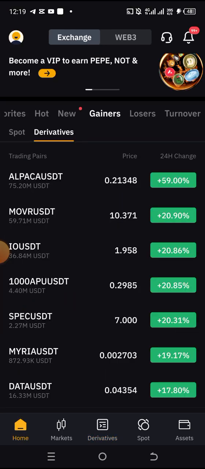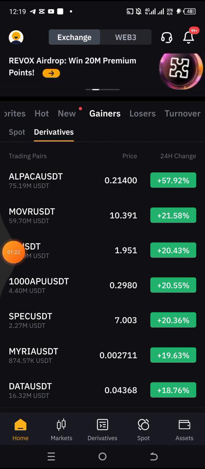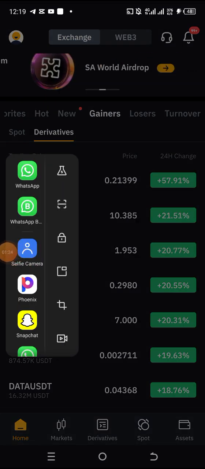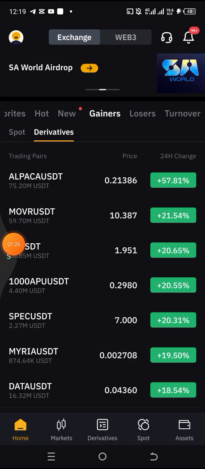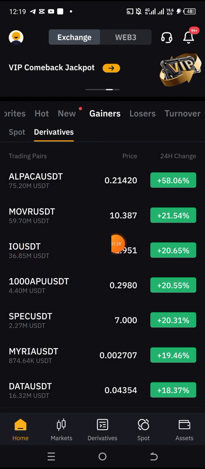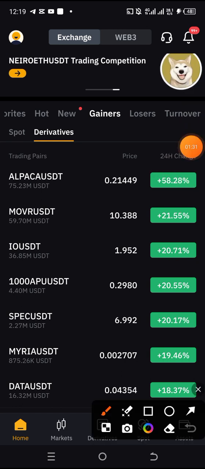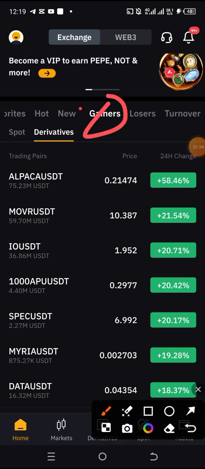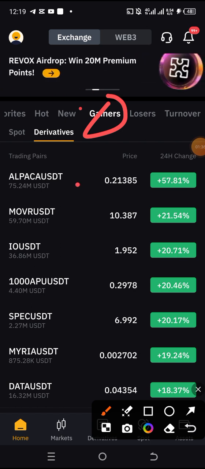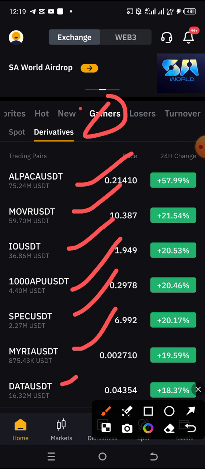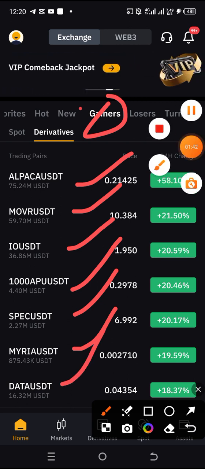Number one thing is you are to first of all identify a gainer coin. Like in the case of this one, as you can see right here, these are gainers on Bybit, and several of these coins are currently under gainers. That is, they are doing very well.